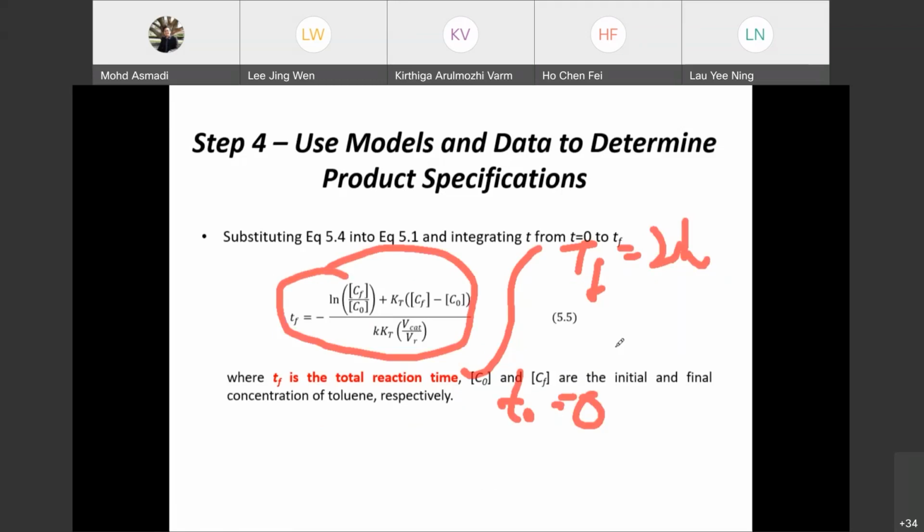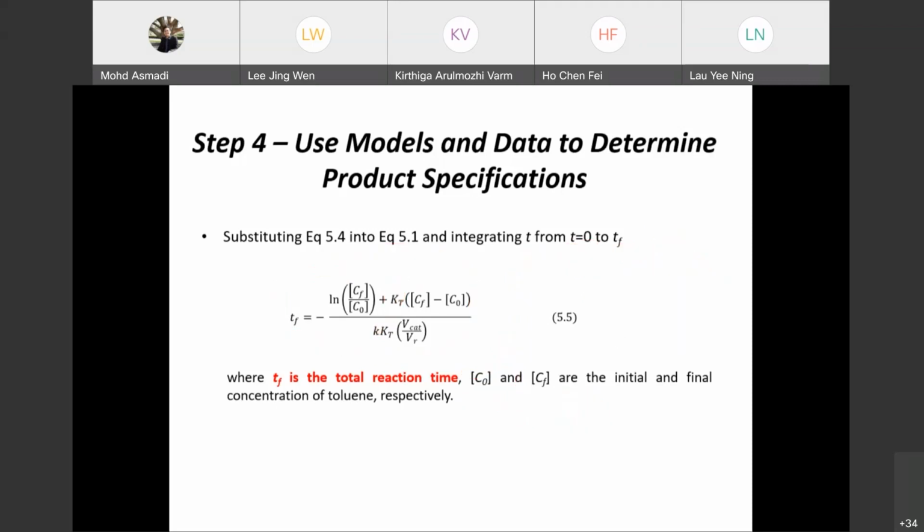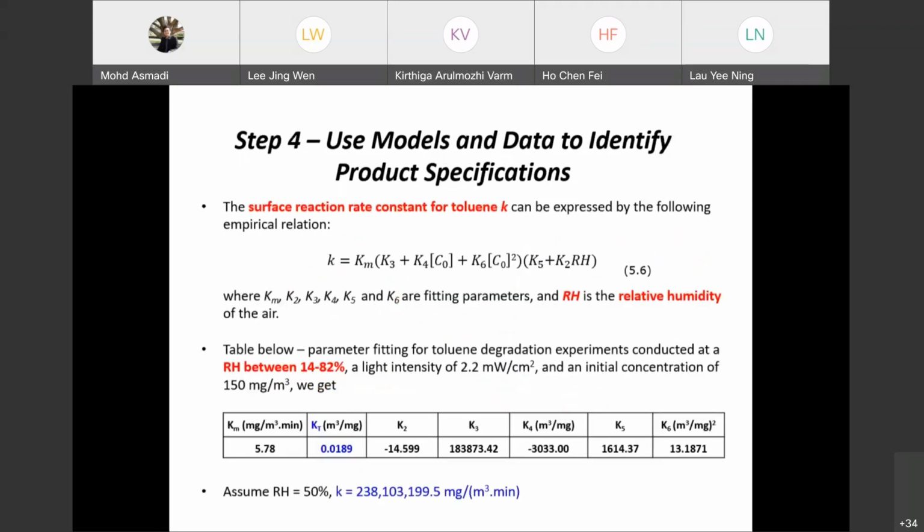Now we consider the decomposition rate. If you look here, there is a KT, which is the ratio of the adsorptions. K is the fitting or regression parameter, and KT we can get from the reference.